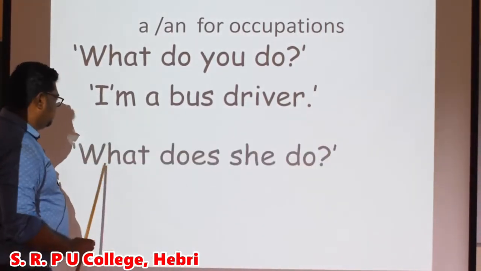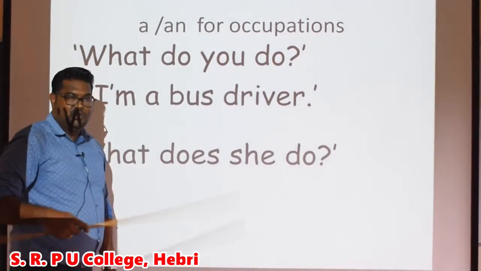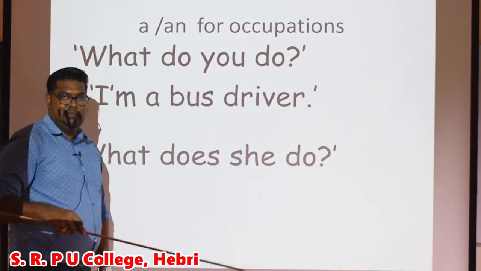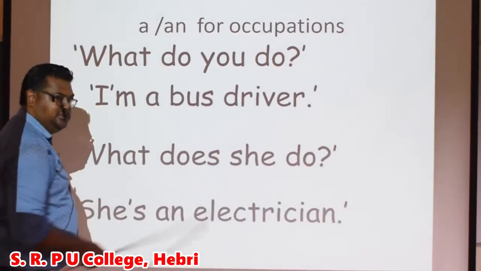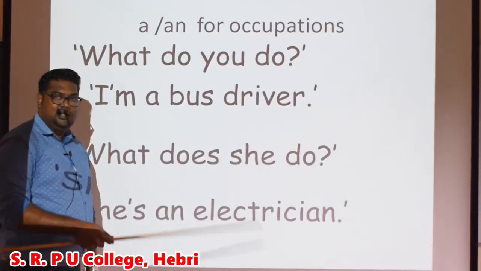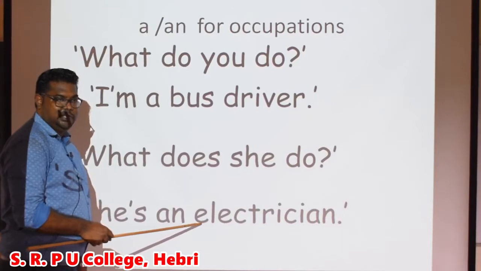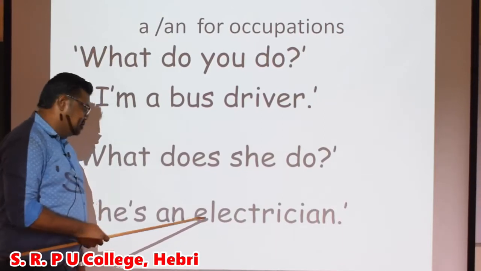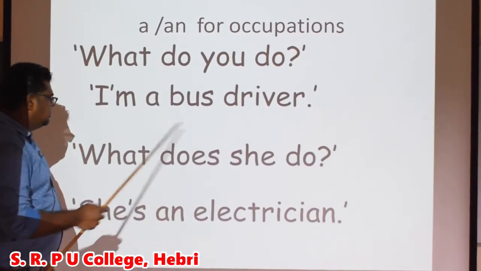Now check out the next question. What does she do? And what might be the reply? She is an electrician, because E is a vowel. So you are supposed to write indefinite article an.